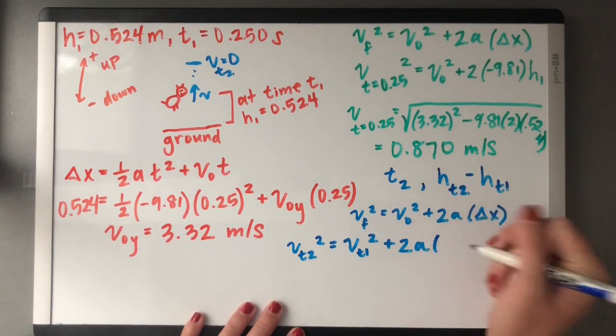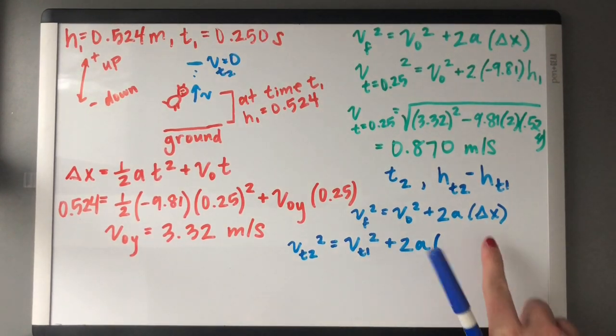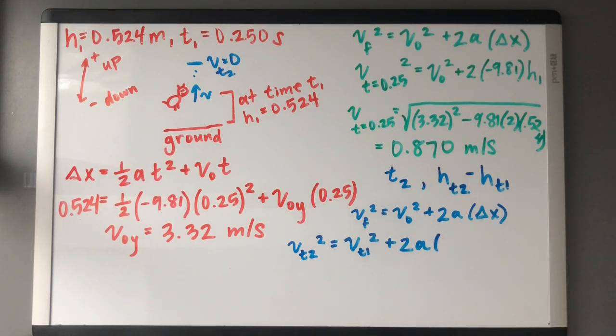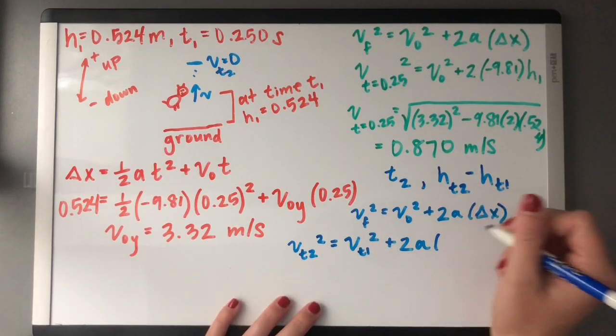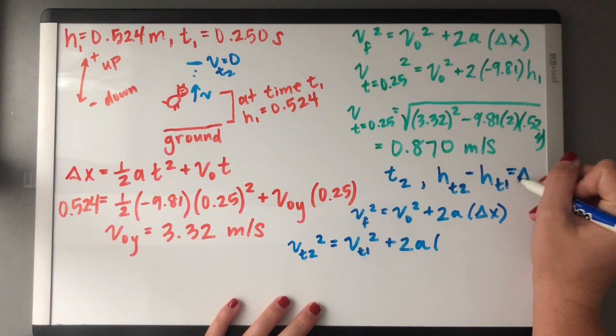That times the change in distance. In this case, because this is motion up and down, we know the change in distance is going to have a vertical component, not a horizontal component. So I'm no longer going to define it with h. I'm going to go ahead and define this as delta h.